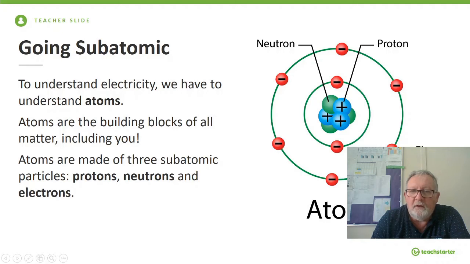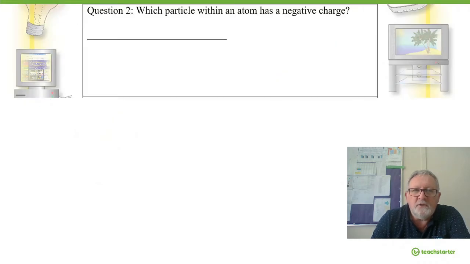Take a note of the diagram because the next question you'll need to understand it. So question 2, which particle within an atom has a negative charge? So pause and have a go.